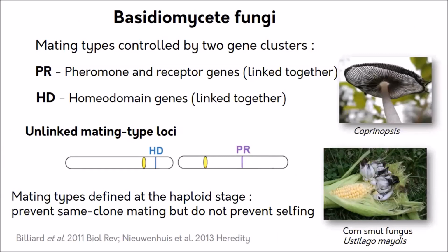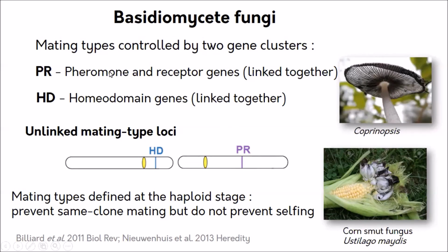So a bit of background on the mating type in fungi. These fungi are basidiomycete fungi, like the mushrooms and the rusts and the other smuts, like the Ustilago smut that causes the delicacy that we eat, the huitlacoche in Mexico.